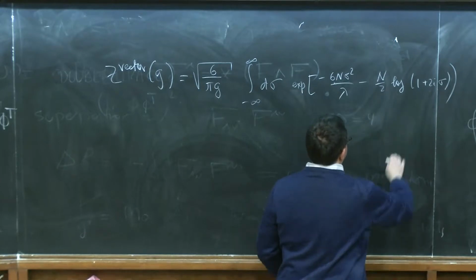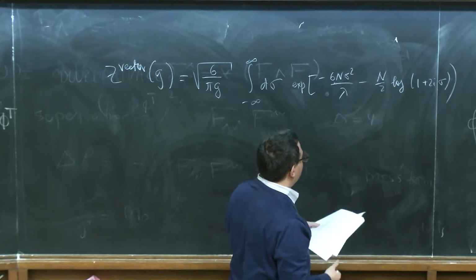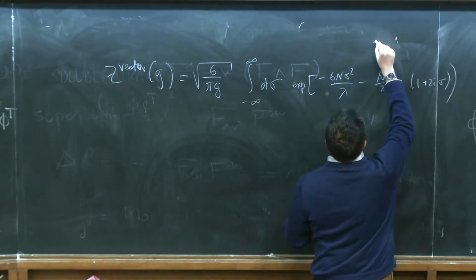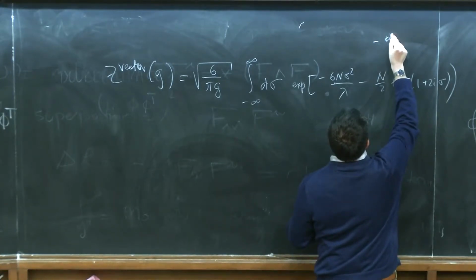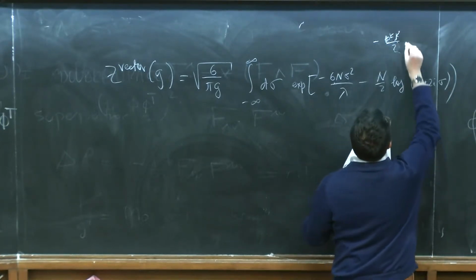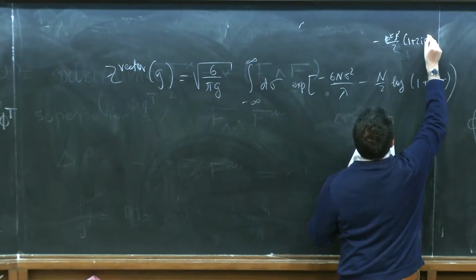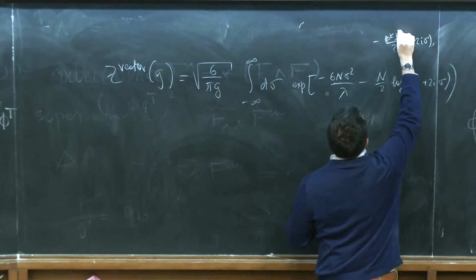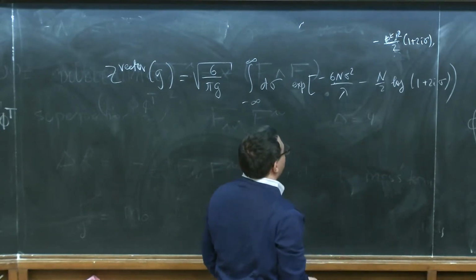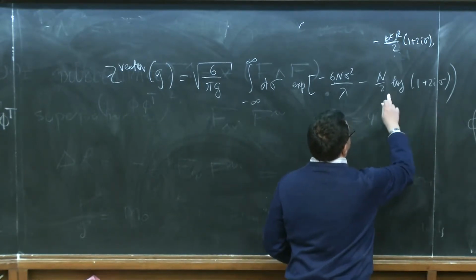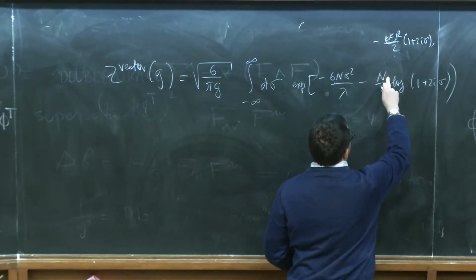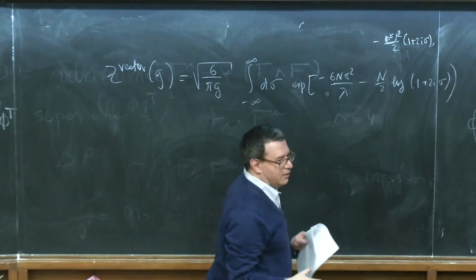Okay, this term just came from integrating over phi k, right? This started with a term minus phi k squared over 2 times 1 plus 2i sigma. You do this Gaussian integral, and then you just pick up this 1 plus 2i sigma to the power of n over 2, right?